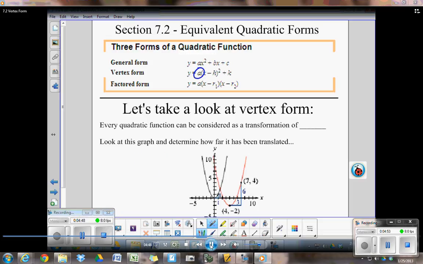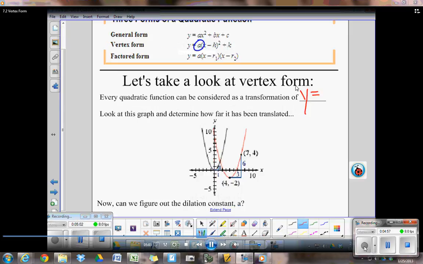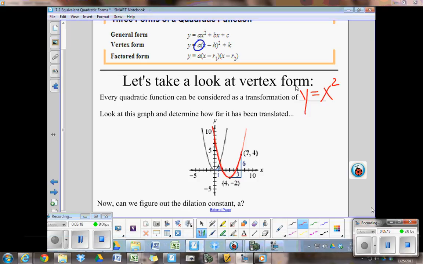Okay, in our first example, we're going to take a look at vertex form. It says here that every quadratic can be considered a transformation of the parent function y equals x squared, which is drawn in black on this example. We're going to determine how that black parabola becomes this red parabola.